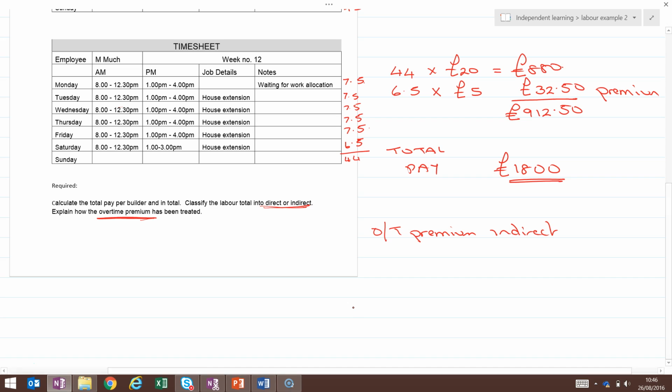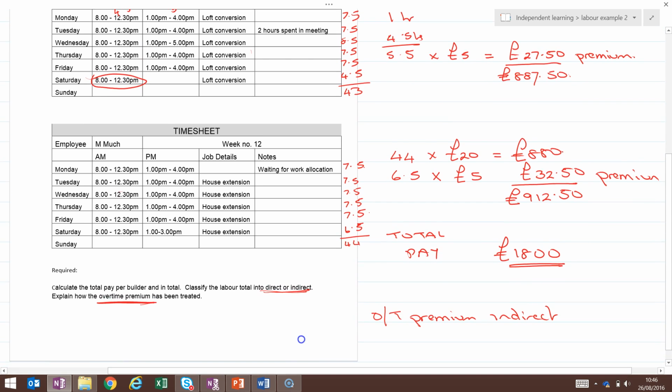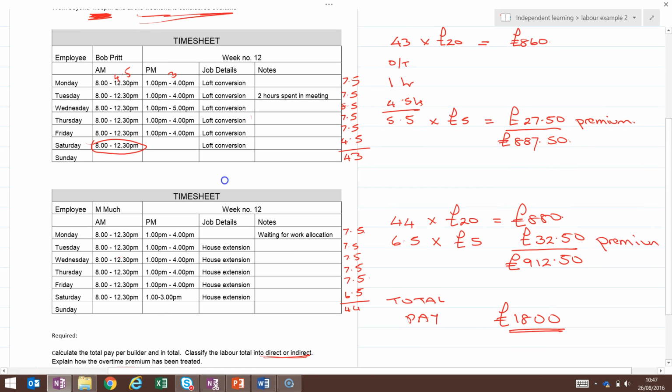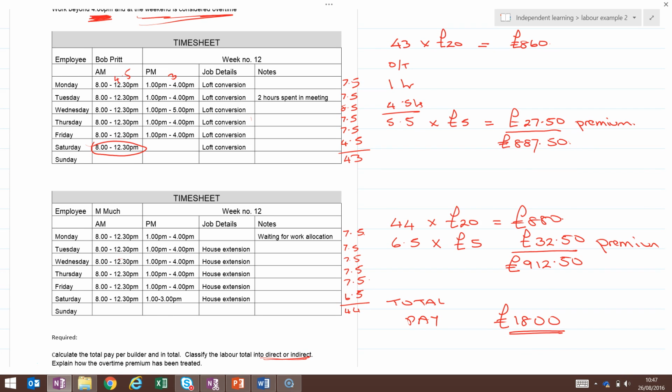Okay, so we need to look at our labour and decide what is direct and what is indirect. So let's look at Bob. If we look at the information given, he was working on loft conversions, so that's your direct labour, directly associated with the job.